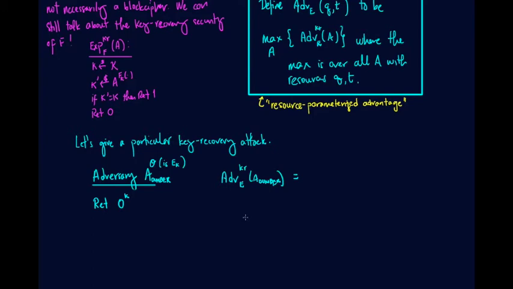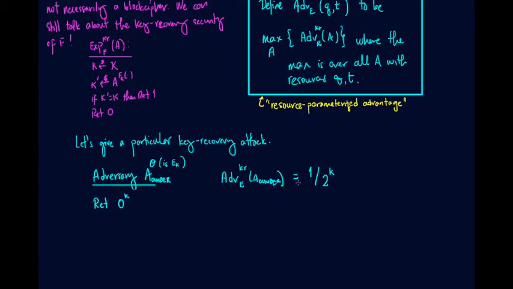One step. No, it's not even a randomized algorithm, right? It's completely deterministic. As soon as it runs, it outputs this value. Well, what's the advantage of A dumber in that game? It's still 1 over 2 to the k. Why? Because the key that was picked in the experiment was picked uniformly at random, and the chance that that key is 0 to the k is 1 over 2 to the k. So the advantage that this A gets and the previous A dumb gets is exactly the same.